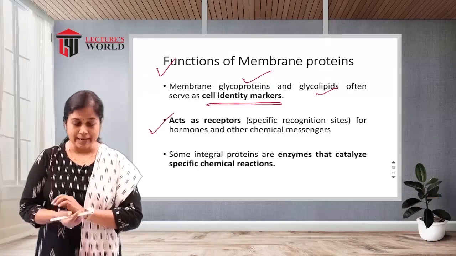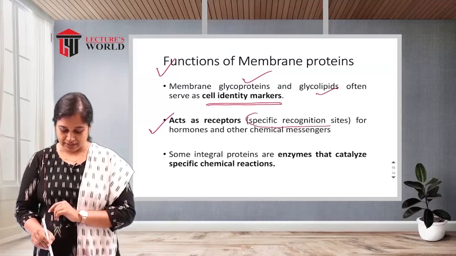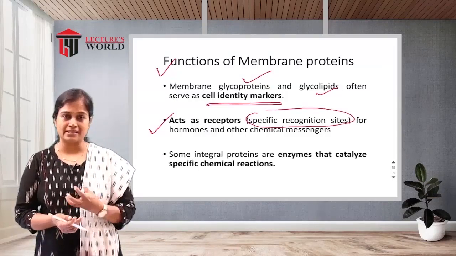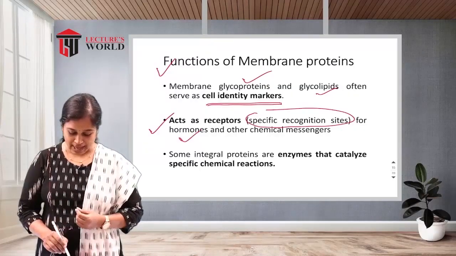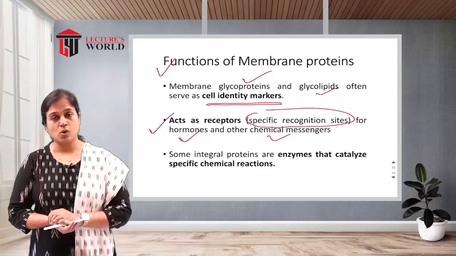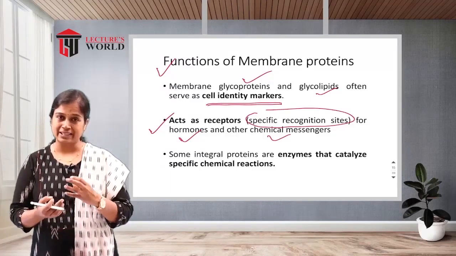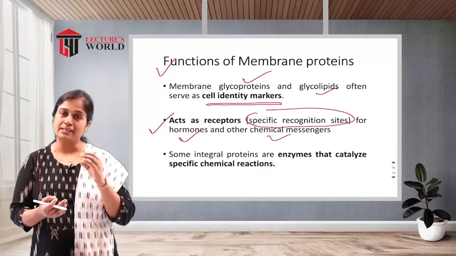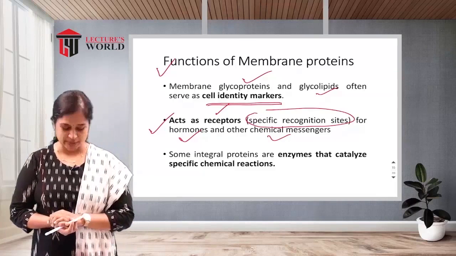Second, they act as receptors. A receptor acts as a recognition site, a specific recognition site for hormones and other chemical messengers. So some chemicals and hormones interact at a particular site, and that's why it is called a receptor.